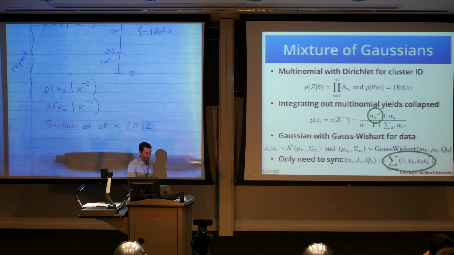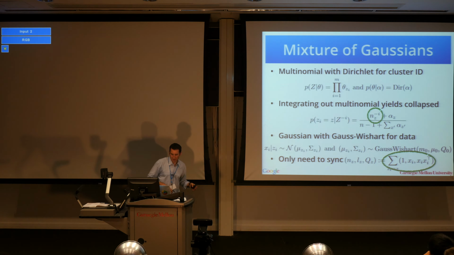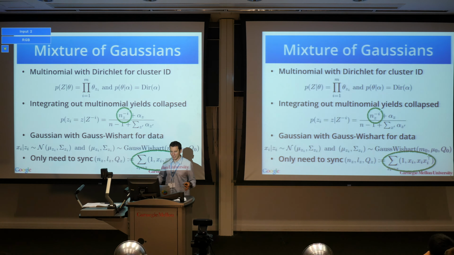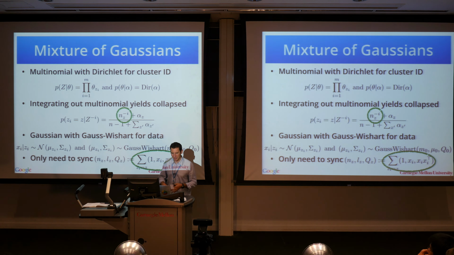So if I assume that, for my mixture of Gaussians, I have a multinomial distribution with the Dirichlet for cluster ID, and if you've not seen a Dirichlet, don't worry about it. Basically, this is really just a convenient way of saying, well, hey, we have something that's very nicely compatible with a multinomial. This is actually called a conjugate.